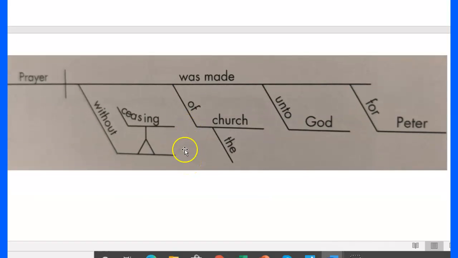Now, sometimes we're going to have a whole bunch that don't necessarily get stacked down on one another because they could all be used separately. And here's one. Prayer was made without ceasing of the church unto God for Peter. I'm not sure what the original sentence is.